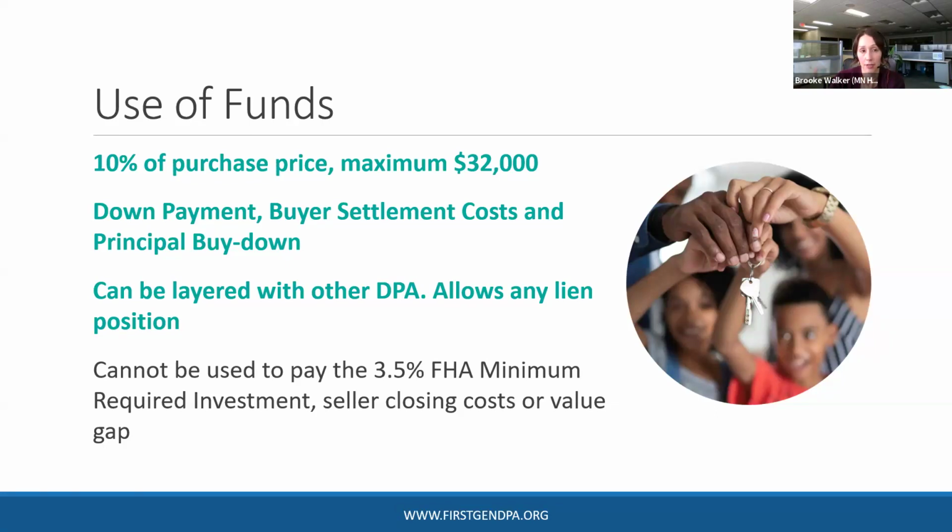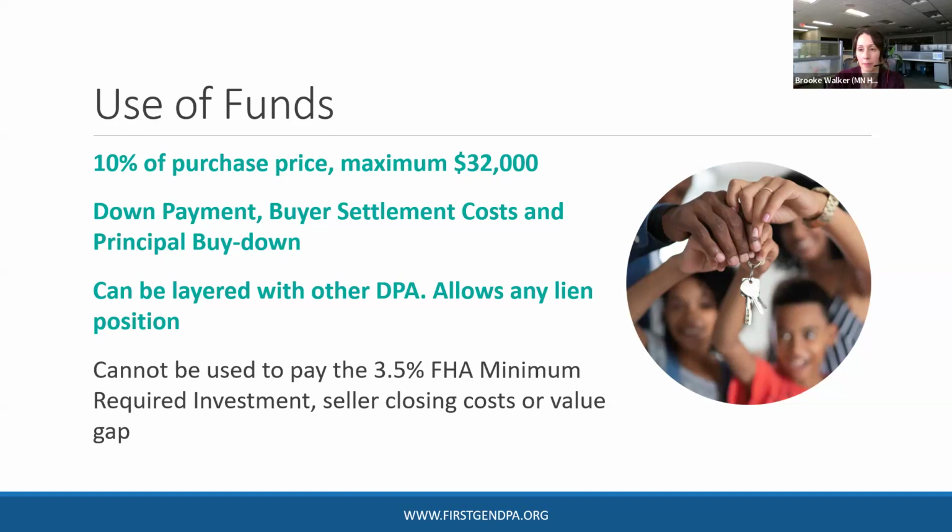These dollars, the First Gen Community Fund, cannot be used to pay the 3.5% FHA minimum required investment, seller closing costs, or value gap. The 3.5% FHA minimum requirement, we had a training a while back on the nonprofit HUD roster.